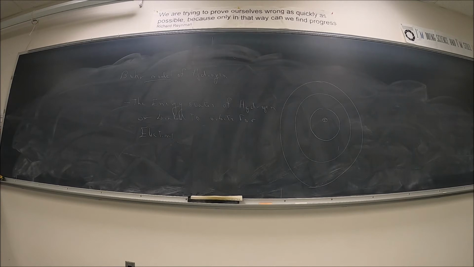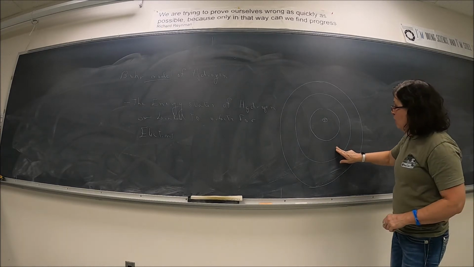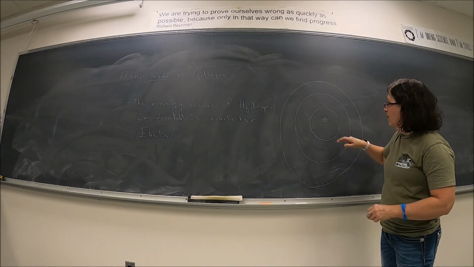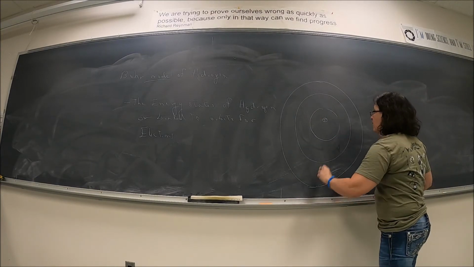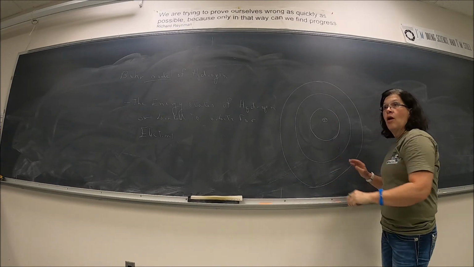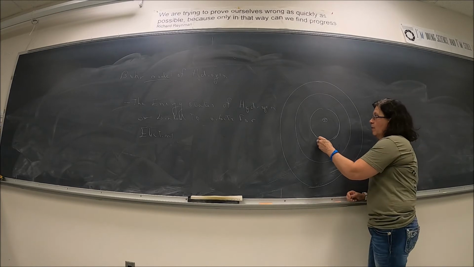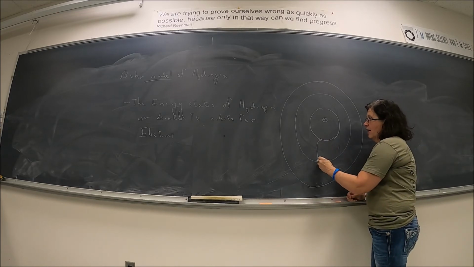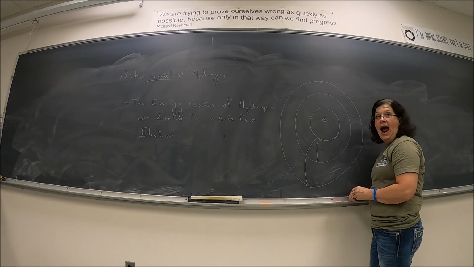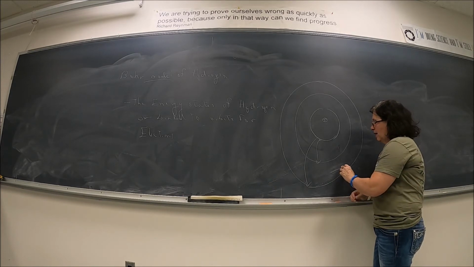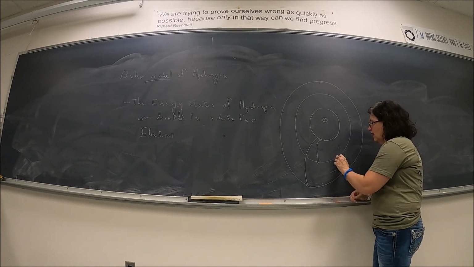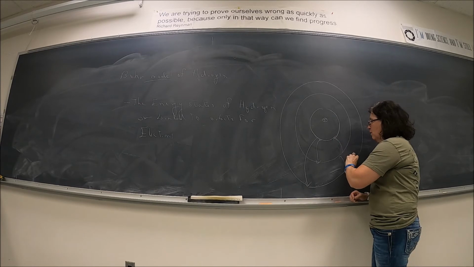Now, an electron can be in one of those orbits, but it can't be out in between. So an electron can't be here running around. It has to be in one of those orbits. And electrons can jump from one orbit to another. So when an atom absorbs energy, the electron jumps out. When an atom emits energy, electrons fall down.